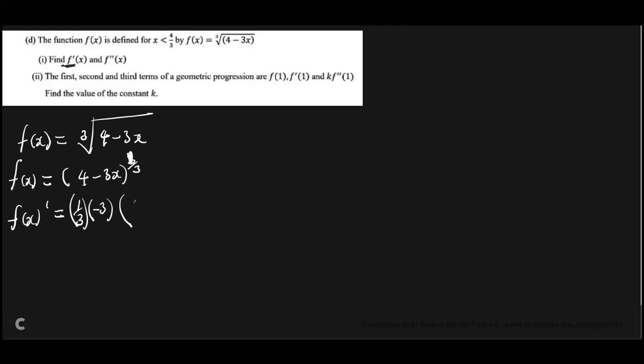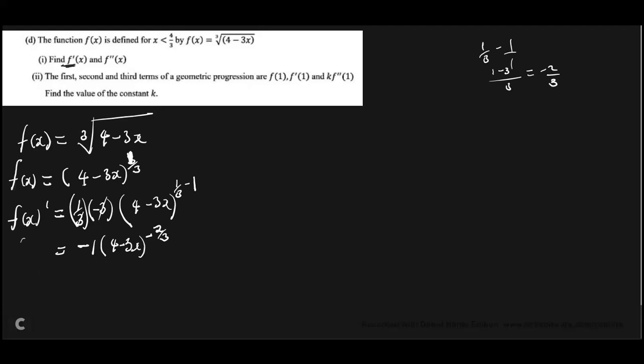Then from there, you say 4 minus 3x to the power 1 over 3 minus 1, such that this and this will divide, then you have negative 1, then 4 minus 3x. When you subtract 1 over 3 minus 1, you have 1 minus 3 over 3, meaning that it will be negative 2 over 3. So here it is negative 2 over 3, like that, right?